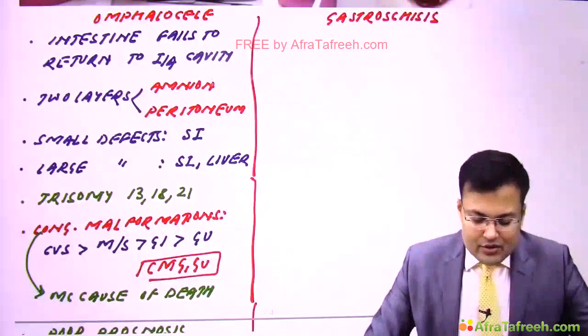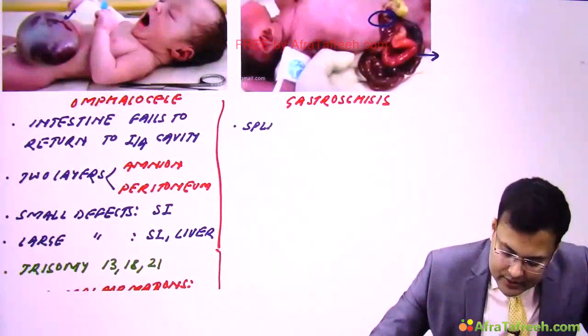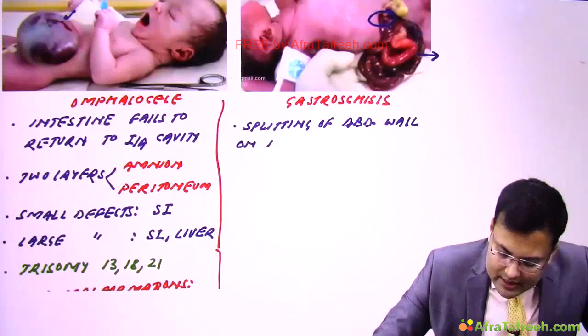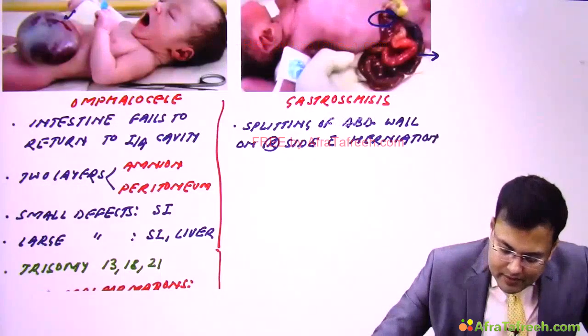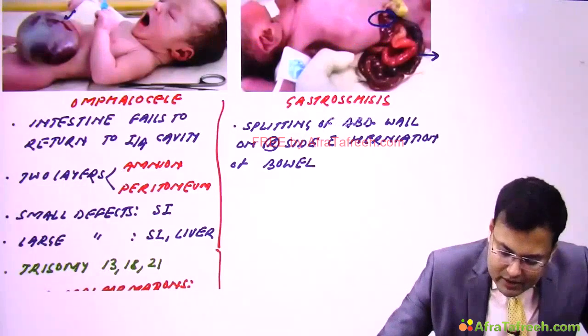Now see the gastroschisis. So in gastroschisis, there is splitting of abdominal wall on the right side with herniation of bowel. Okay, and is this bowel covered or exposed?